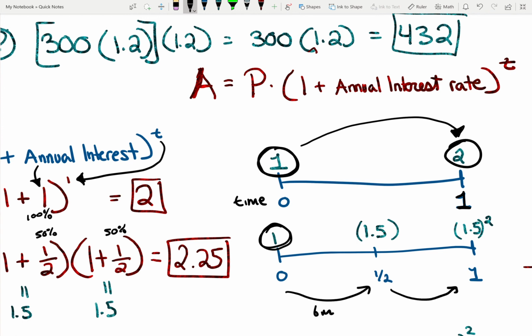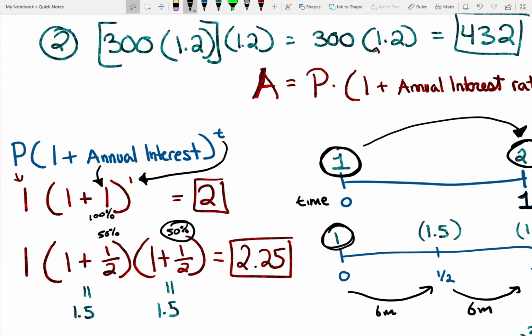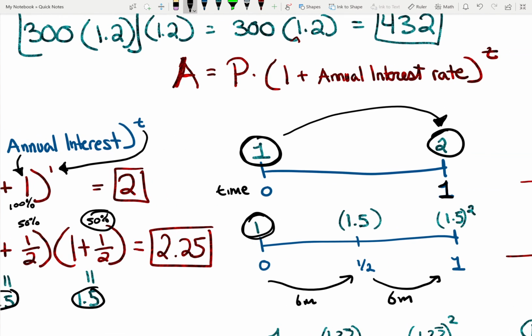Then 6 months later, I'll take the rest of the 50%. And how would I write that mathematically? Well, it's given by this. My initial investment, which is 1, times the 1.5 that I gained after 6 months, times the 1.5 I gained for the second half of the year, right?